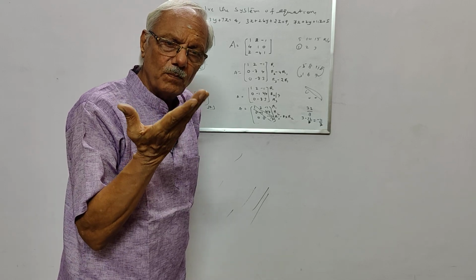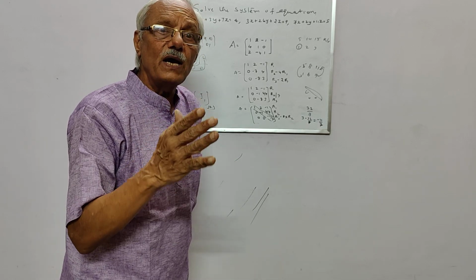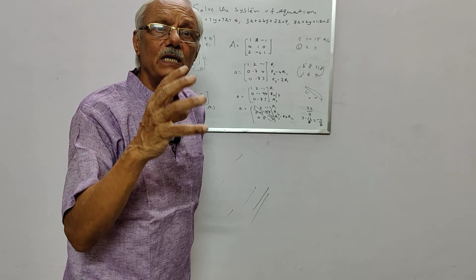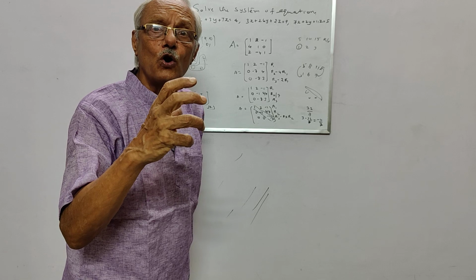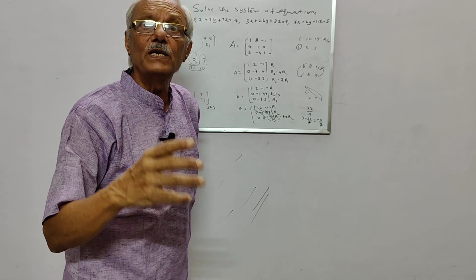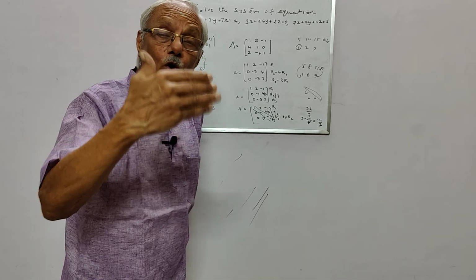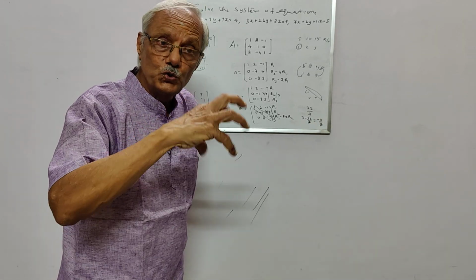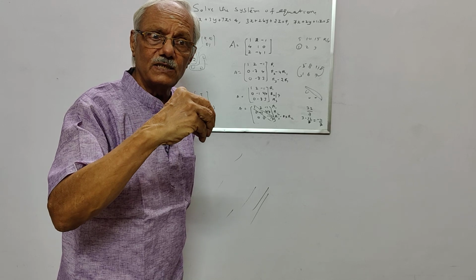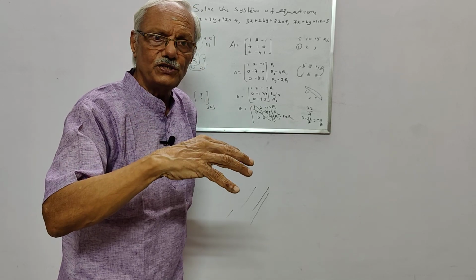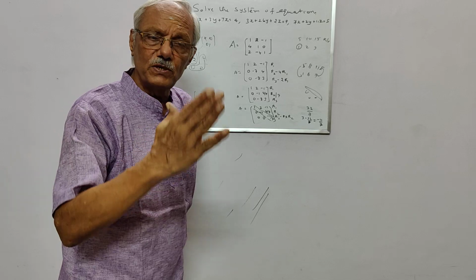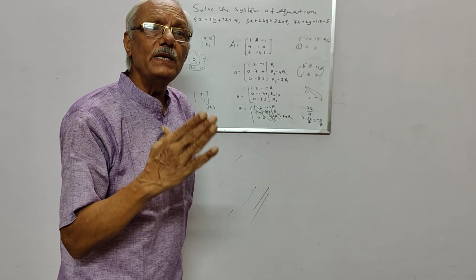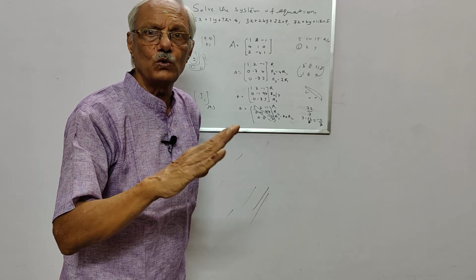Then after completing that process, find out how many rows have non-zero elements. Are you able to understand? In the sense that do the column and row operations, and finally arrive at the upper triangular matrix like this, and now check how many rows are non-zero.